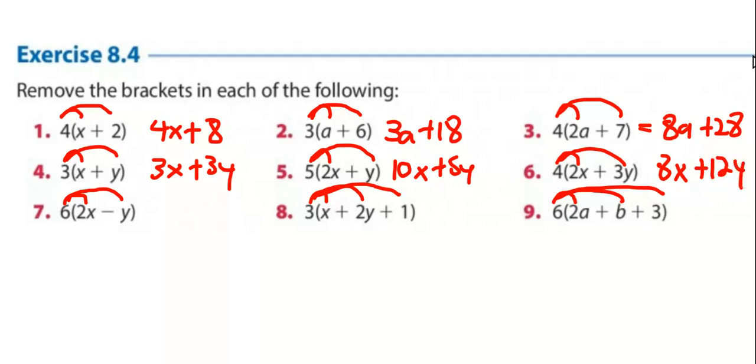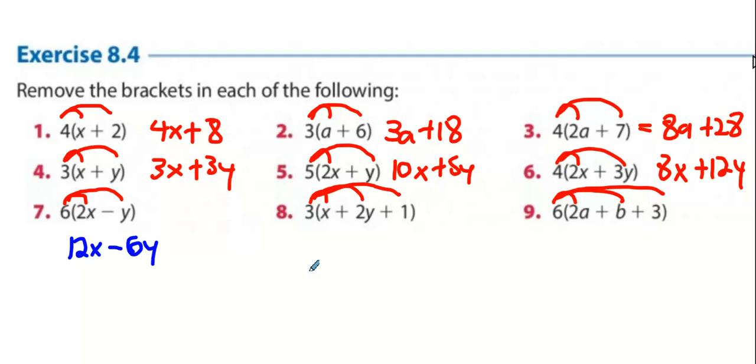12y. Okay. Next one, G. 6 times 2x? 6 times y, or minus y, I mean. Minus 6y, because it wasn't a plus, it was a minus. All right, okay. You're doing question 8.